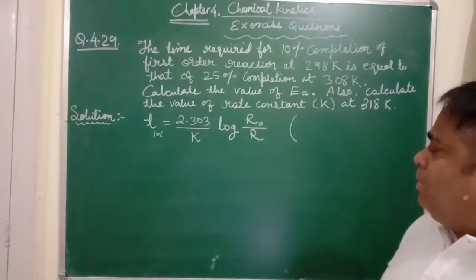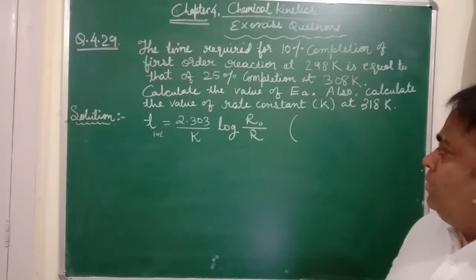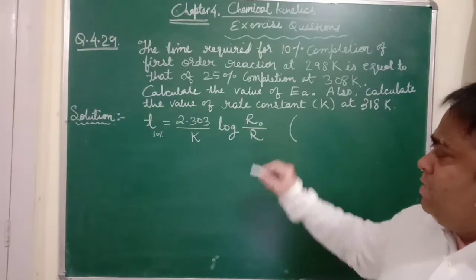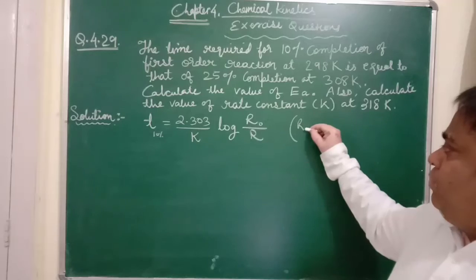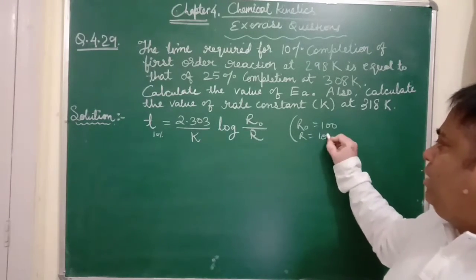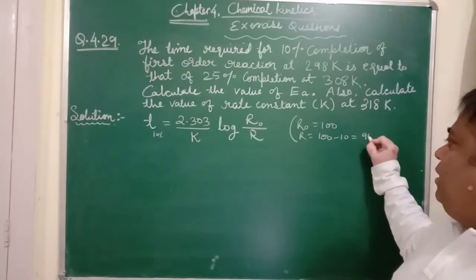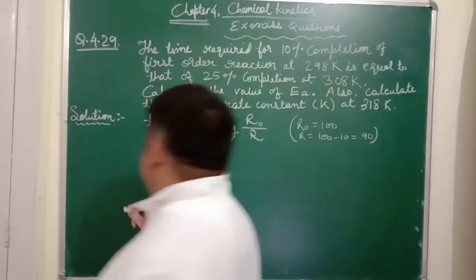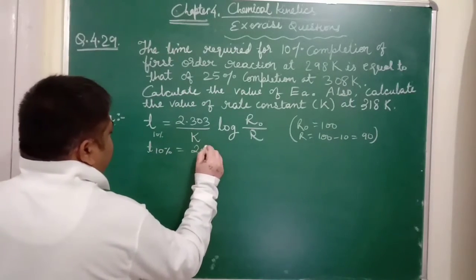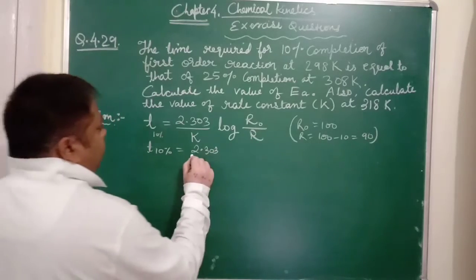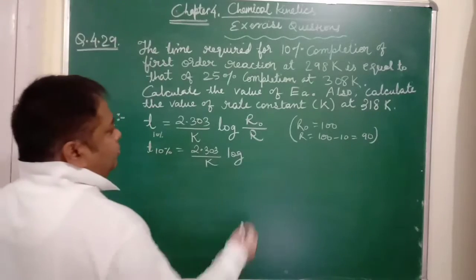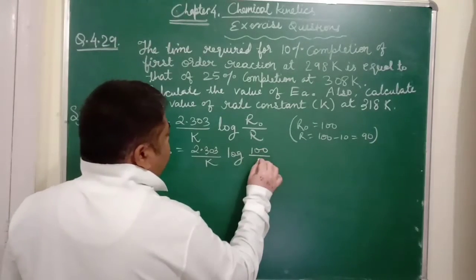If R0 is equal to 100, then R will be 100 minus 10, which is 90. So t at 10% will be equal to 2.303 by k log 100 by 90.